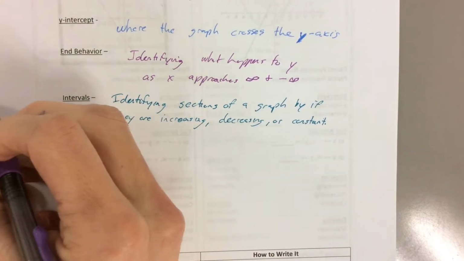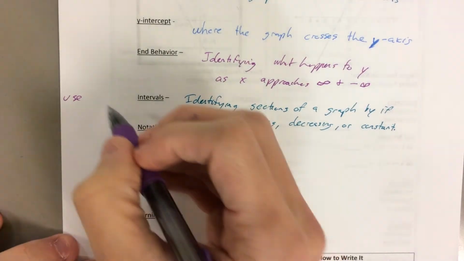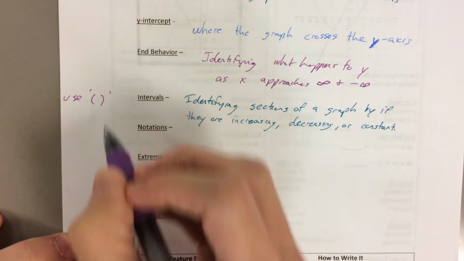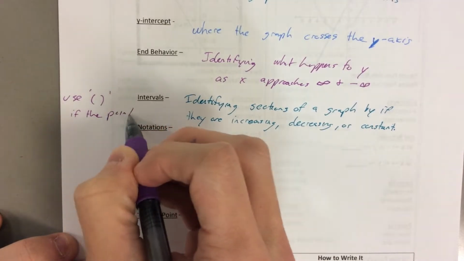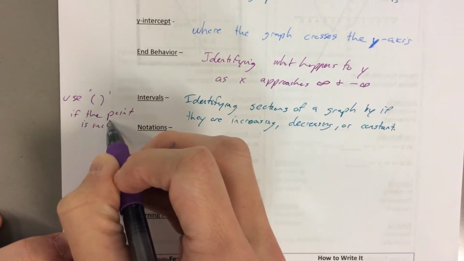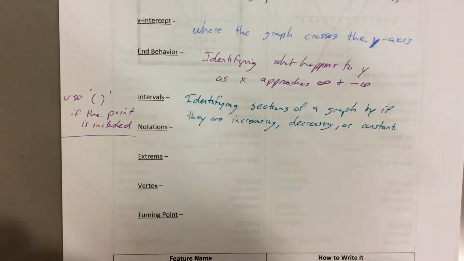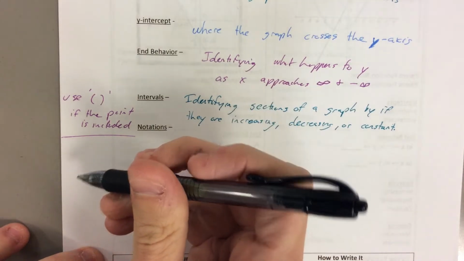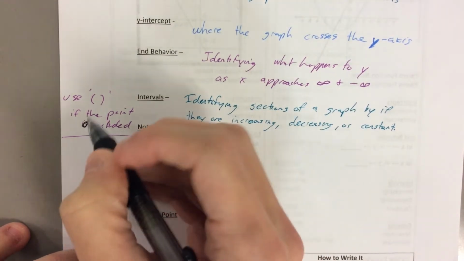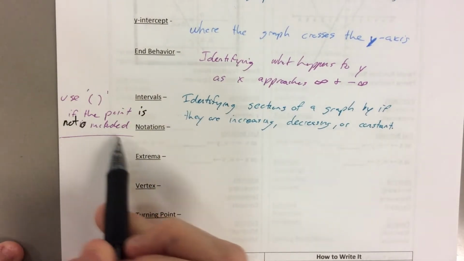So I'm going to put this out here, let me get this in the screen. Use parentheses if the point is not included.